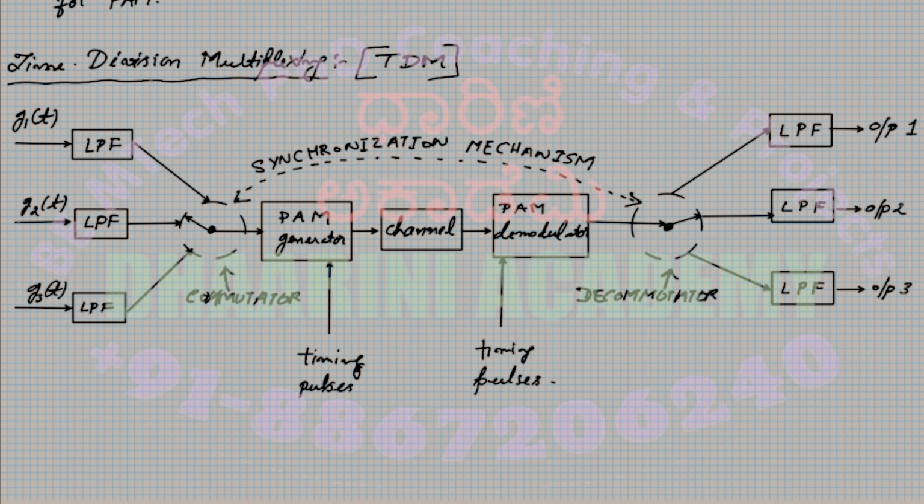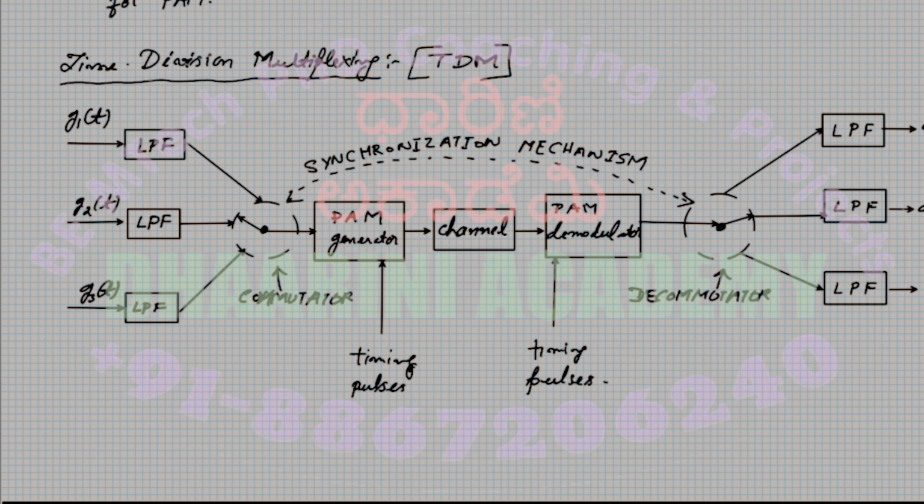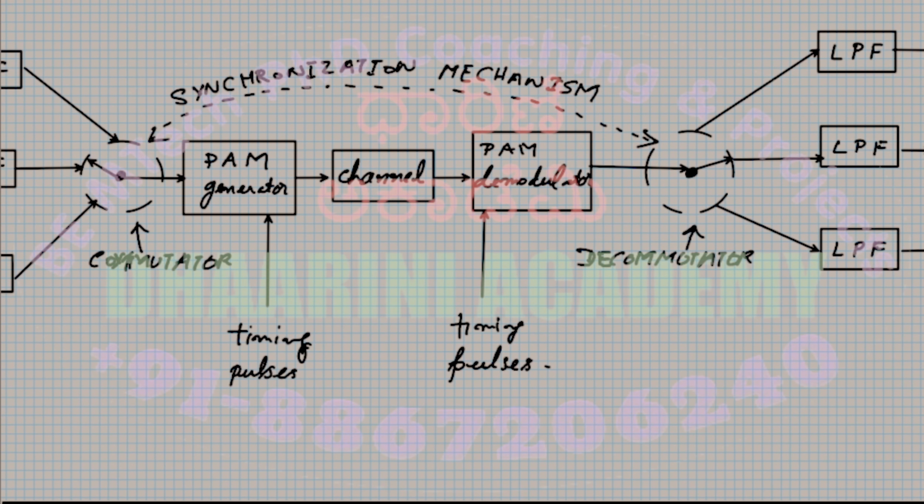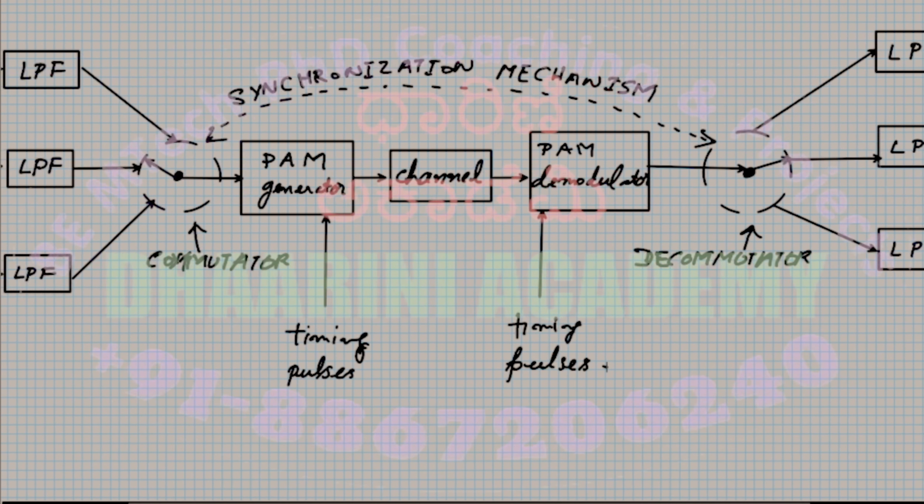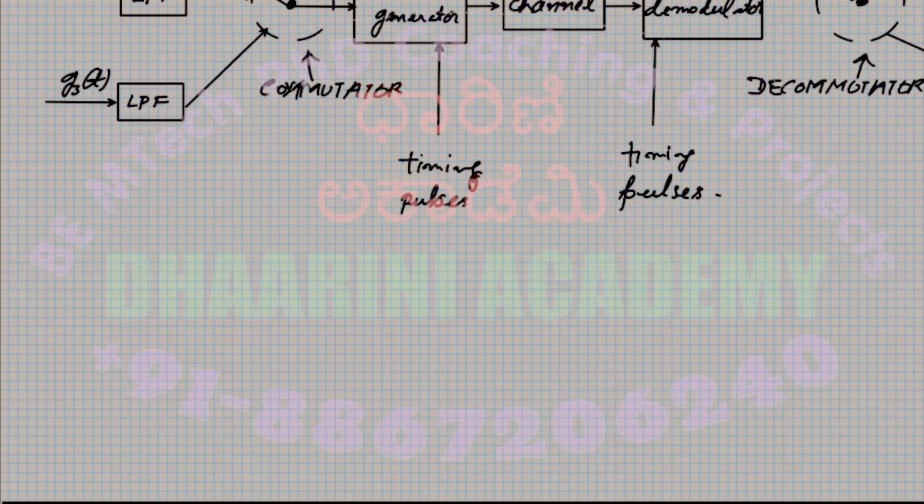Okay, now let's quickly write the explanation for this. In this block diagram, whatever has been represented, I'll try to write about that quickly so that when you read, you will understand.